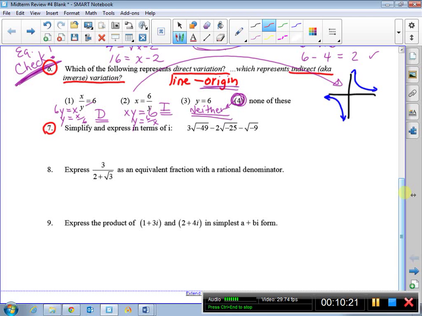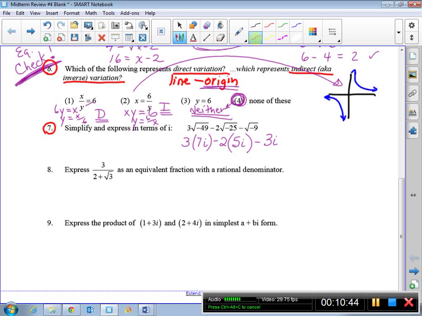Simplify and express in terms of I. Okay. So we have 3 times negative 49 square rooted is 7I minus 2 times 5I minus 3I.